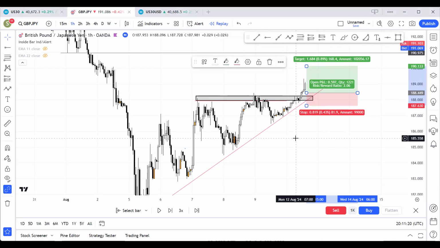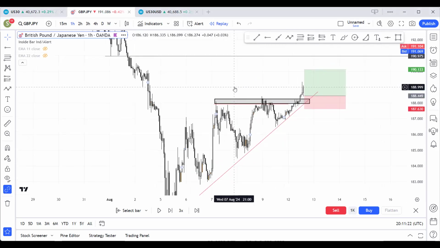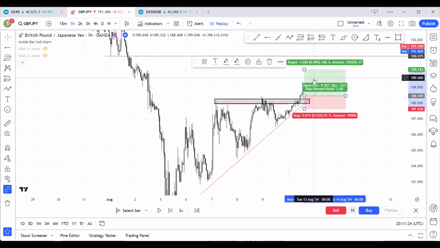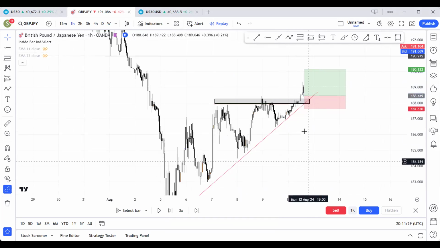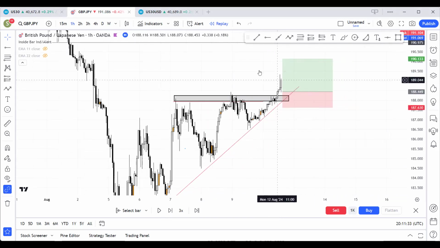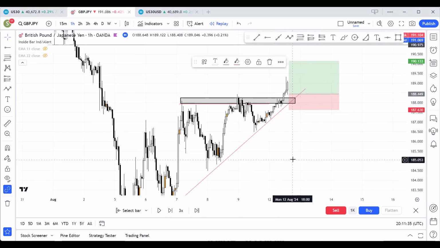Your lot size will be determined by your account size and where you are putting your stop loss. So in this case, let's say I want to calculate the lot size based on this trade. Let me share this.